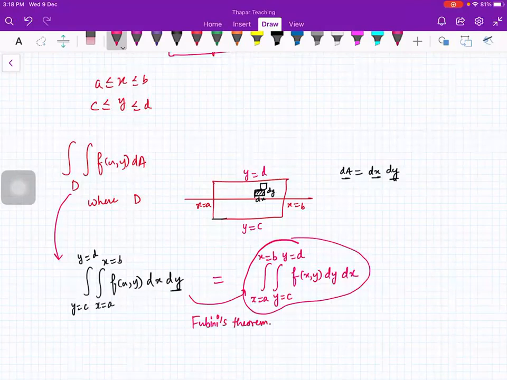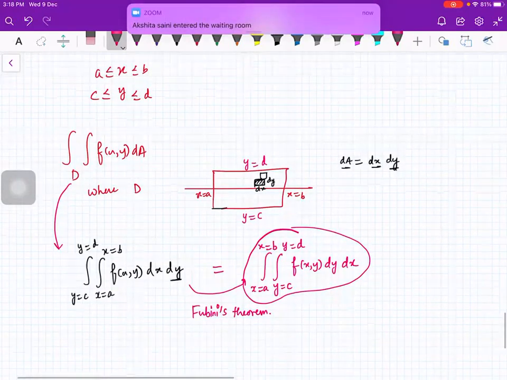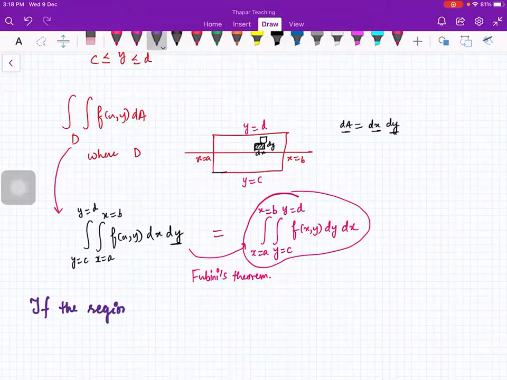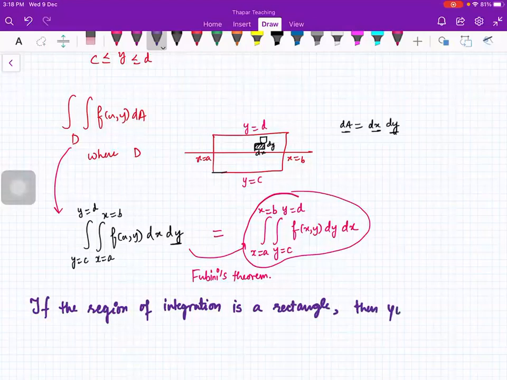right? So what I am saying is, if the region of integration is a rectangle, then you can change the order of integration.